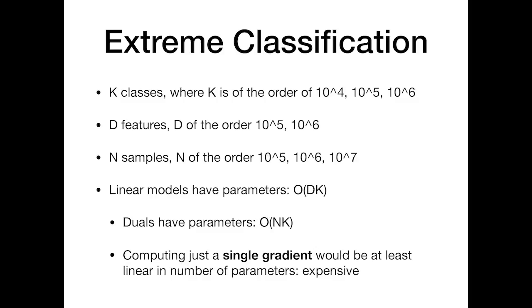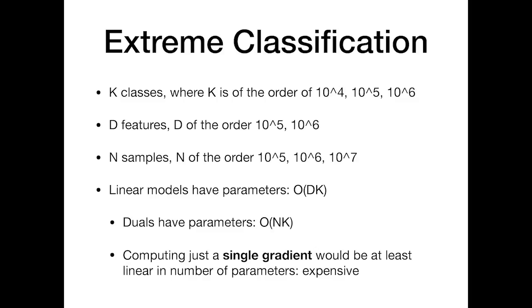You would then say, the primal problem has a lot of parameters, so why not look at the dual? But the dual also has a large number of parameters. For linear models, the dual would have order N times K variables, scaling with the number of samples times the number of classes, which is also large.